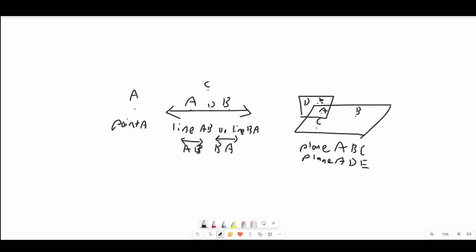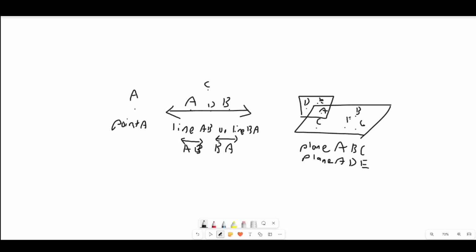A and D are collinear. It's pretty simple, same idea. And coplanar are just like collinear, but with a plane. So let's say we have an F here, and we have a G here. A is collinear with F and G, but B isn't collinear with D, right? So it's pretty simple.